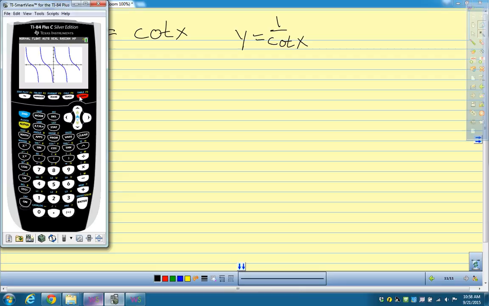The other thing, when you're doing some of these on your graphing calculator, if you have an older TI, it draws in the asymptotes. You know what I mean?